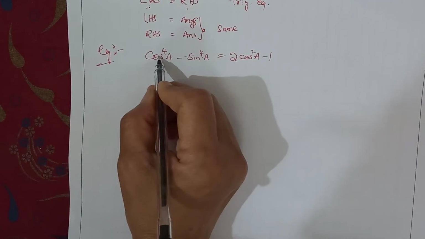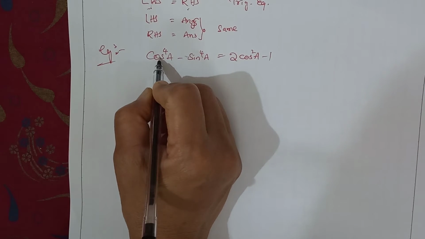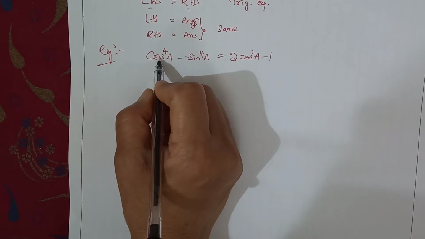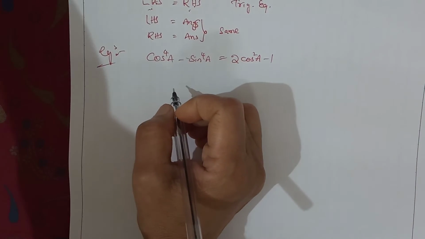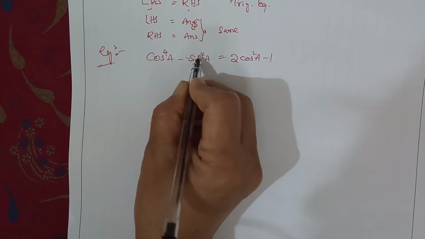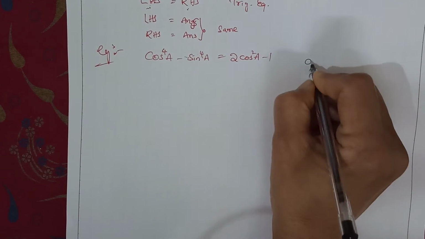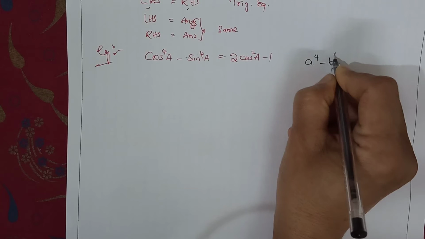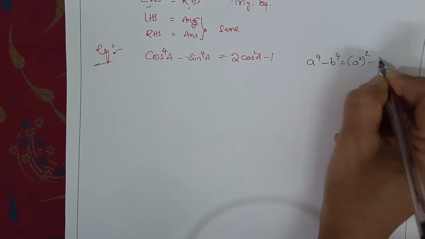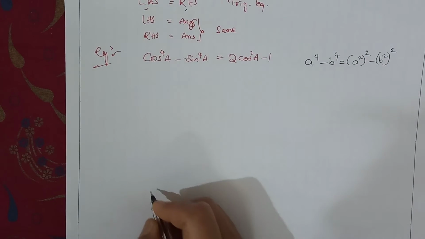So children, this is actually a higher order problem. No problem, I will explain it to make you understand. So cos to the power 4, sin to the power of 4. Okay children, if a to the power of 4 and b to the power of 4, how can we write this? A square whole square minus b square whole square, correct?